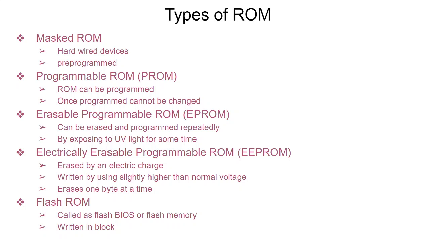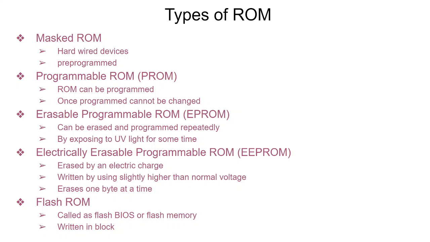And one more thing is, it erases only one byte at a time, unlike the previous ones which erased the whole ROM, PROM or erasable programmable ROM. In this, only one byte is erased at a time.